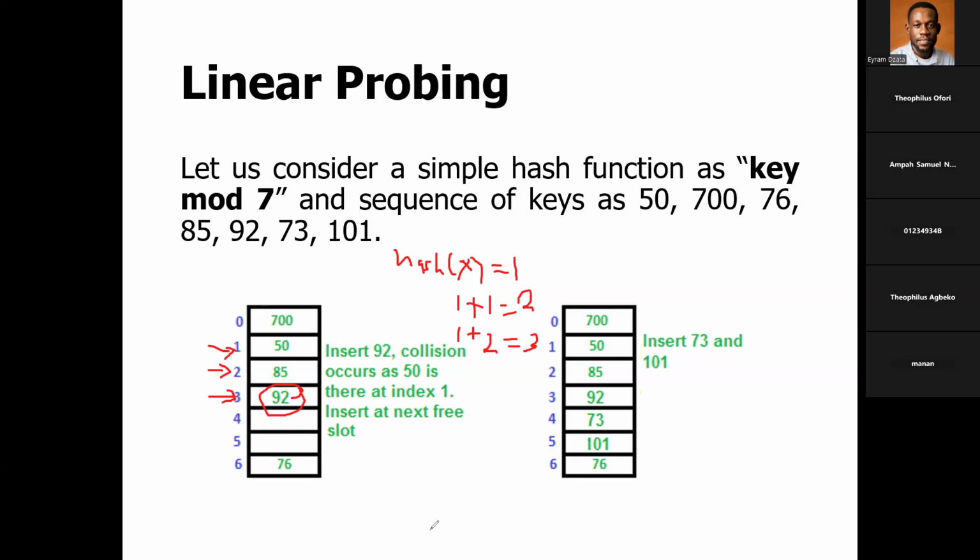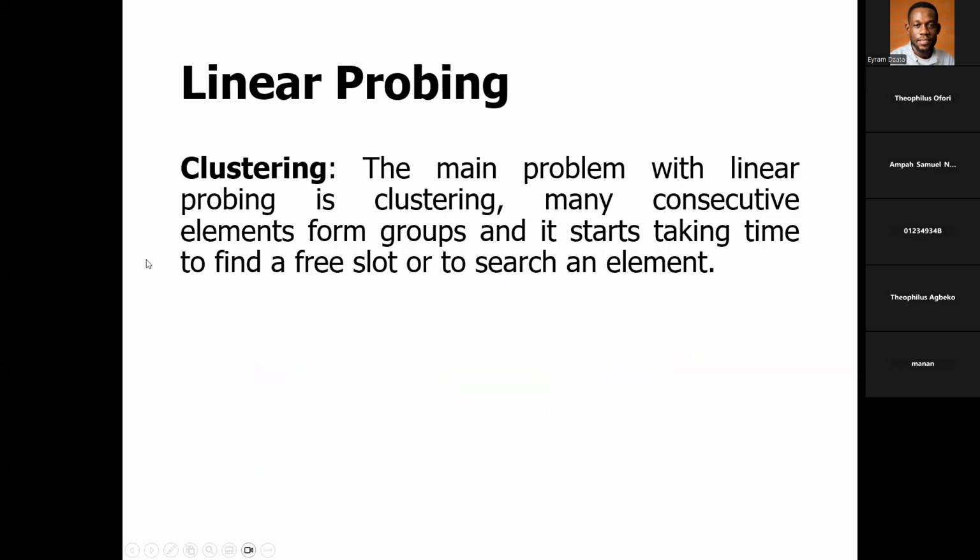Okay. So this will continue anytime there's a collision in your table, to use linear probing to assign the values in that order. Now, linear probing can lead to a problem known as clustering.